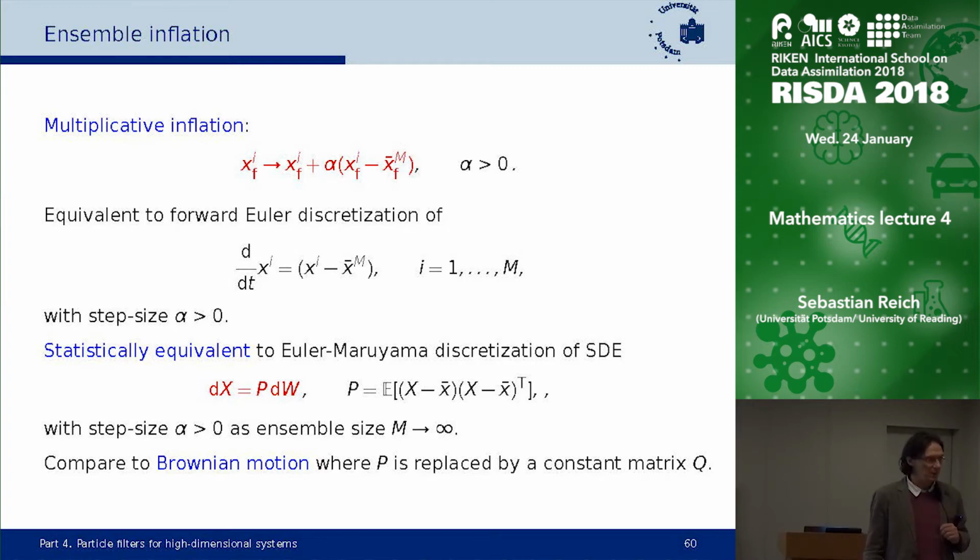That's the equivalent of the interacting particle representation of the model error being Brownian motion, right? So again, there's this correspondence between Brownian motion and having certain interactions between the particles.